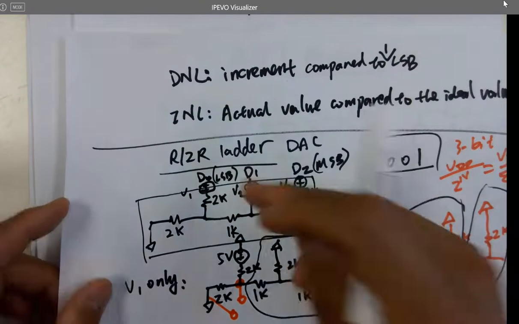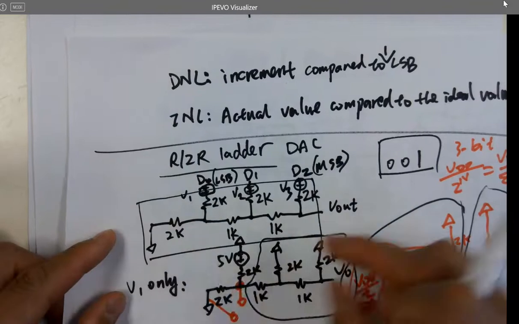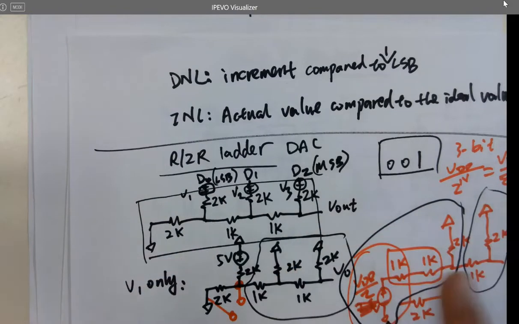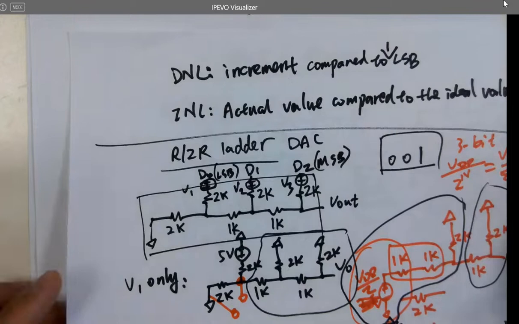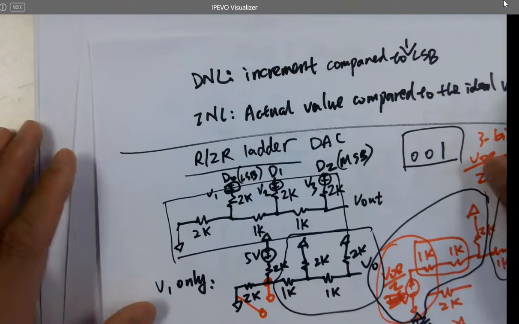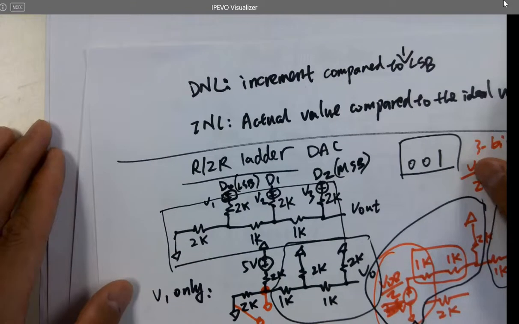It's good to look at each one's contribution, and because we are looking at only one voltage, you can superimpose all the contributions to the final V out. So D0 contributes VDD over 8, D1 contributes VDD over 4, and D2 contributes VDD over 2, and you add them together to get the final V out.